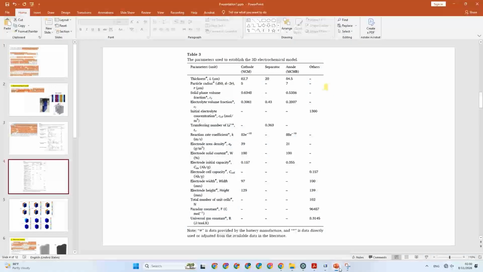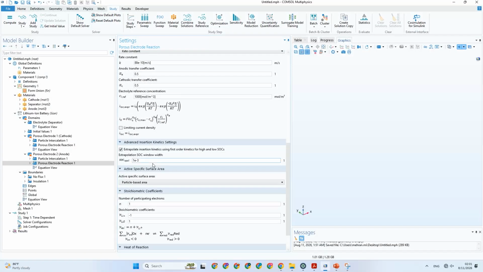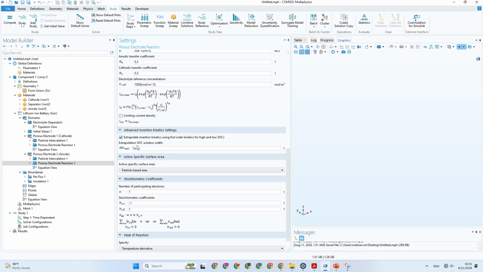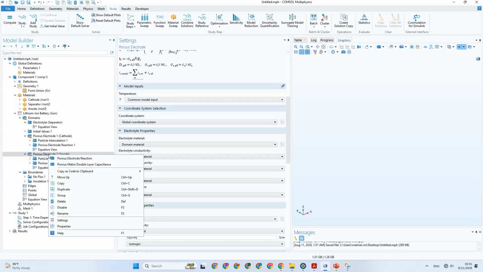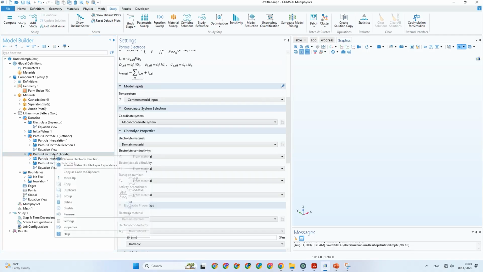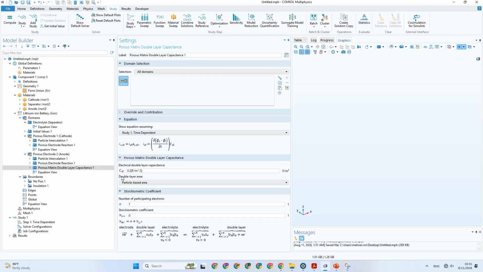Okay, let me continue. Electrode area density, what we can see. We have SOC, I don't know. And also we may add a cross electrode reaction, or double layer capacitance. If we add it, we have double layer capacitance.